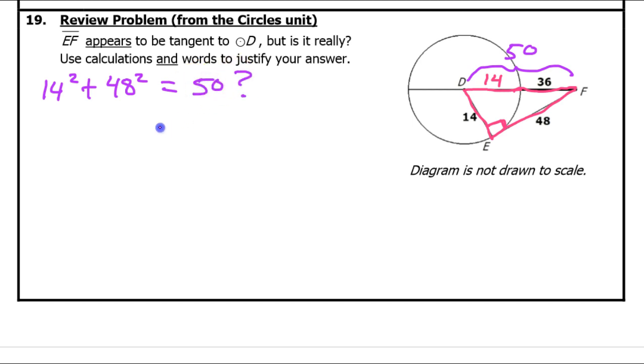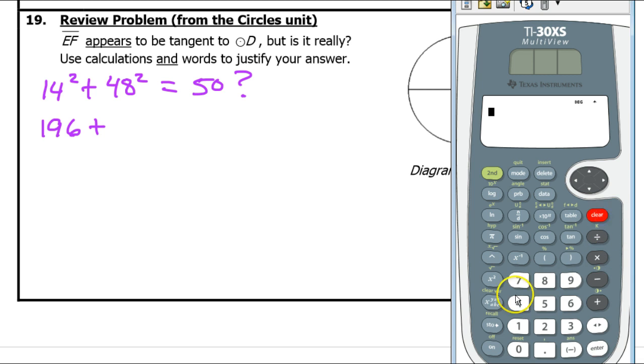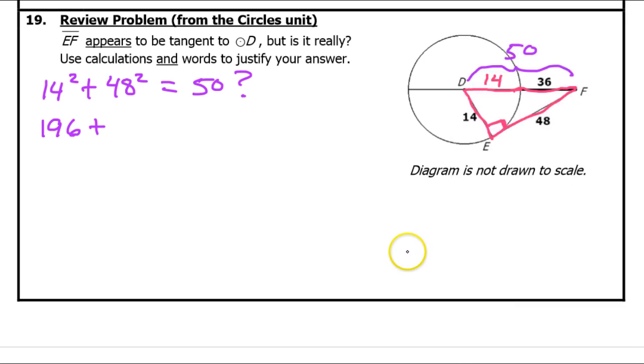We don't know yet. Okay, 14 squared, that's 196. Let me just double check. Okay, and then 48 squared. Yeah, that really is 48. That's a pretty big number.